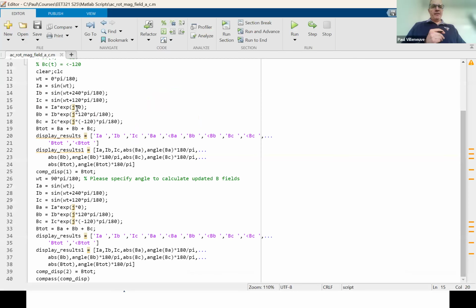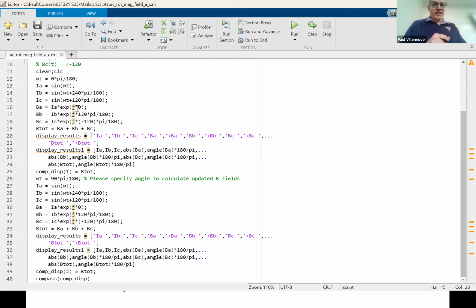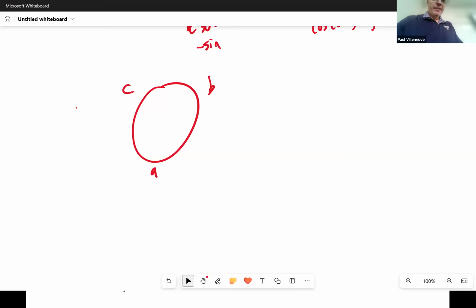Let me just double check. B sub B is 120. Yep, and B sub C is minus 120. All right, so this is what I had when I started the MATLAB script.